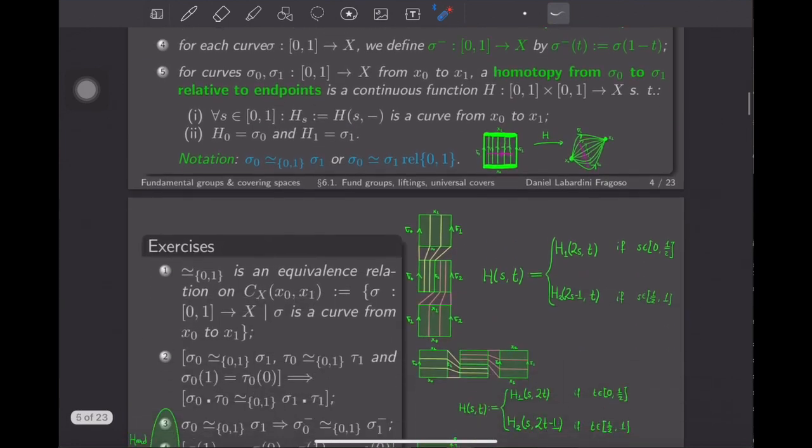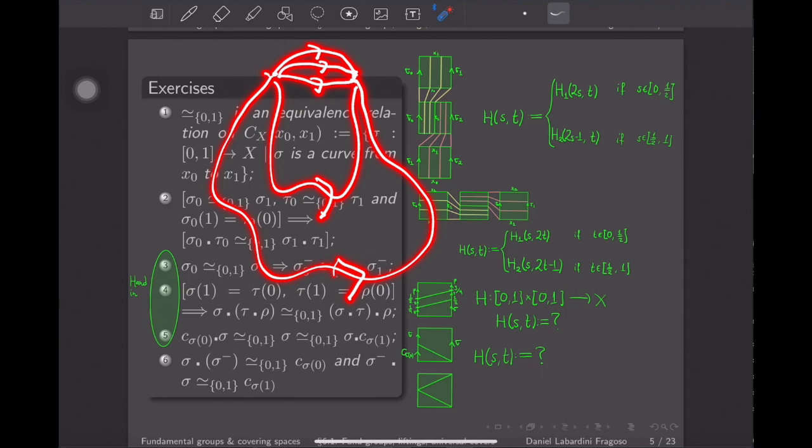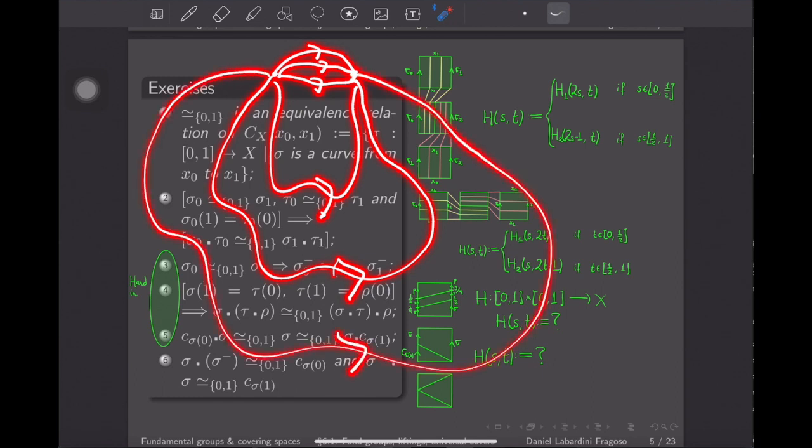Right. So what have we just seen? I really went into detail here, but it's an equivalence relation. For any two points in X, the space could be really complicated, but I consider all the curves from one point to the other, and on the set of all such curves, I consider homotopy relative to endpoints.